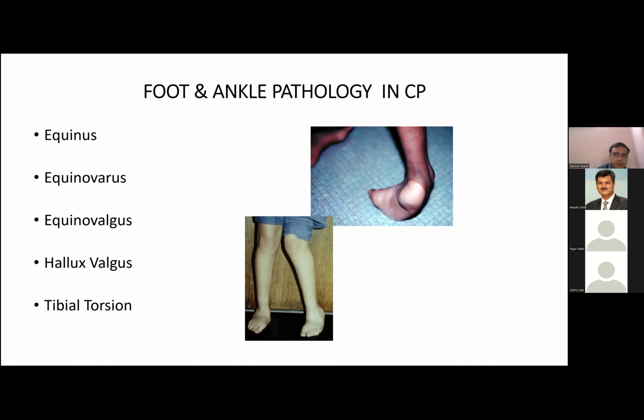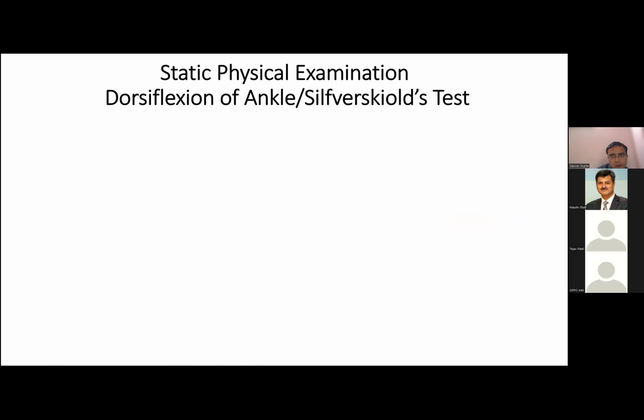Then we assess the foot, and we can have equinus, equinovarus, equinovalgus, hallux valgus, and tibial torsion. So one of the most important tests to assess the dorsiflexion of the ankle is known as the Silfverskiöld test.